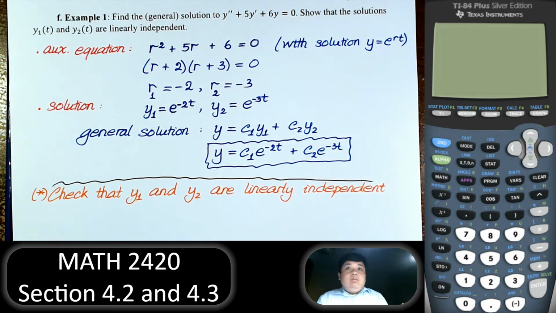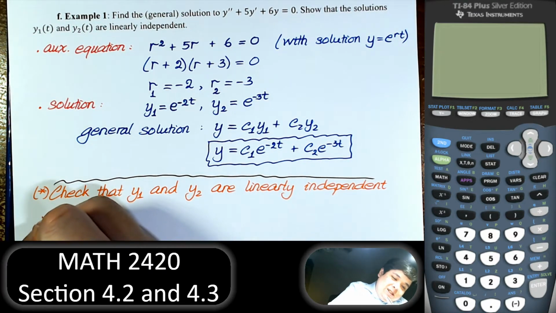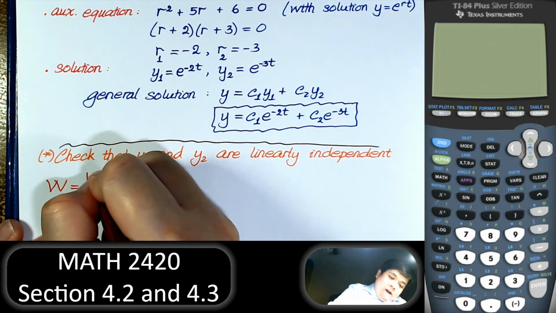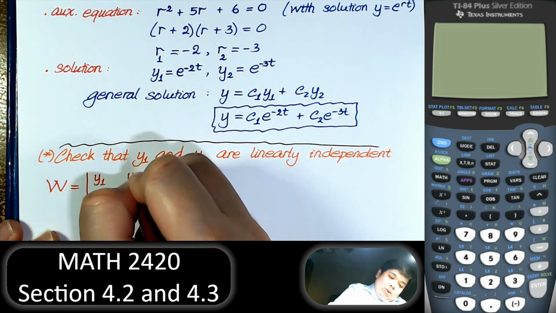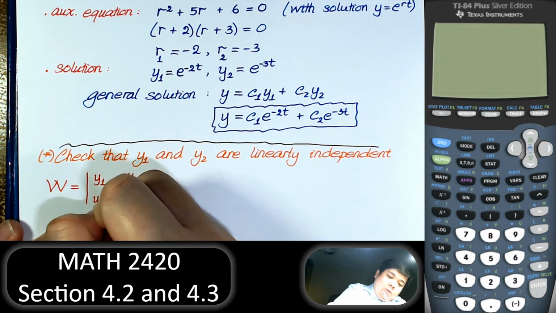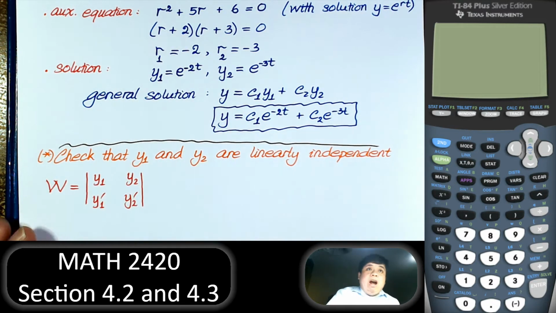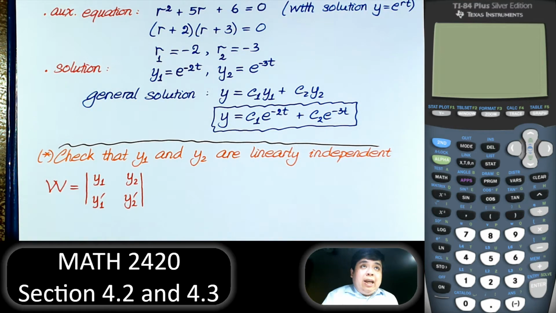So what we do is we find the Wronskian. It will be y1, y2, y1 prime, y2 prime. We evaluate the 2 by 2 determinant, and if it is not equal to 0 for every value of t, then we say they are linearly independent. Right.